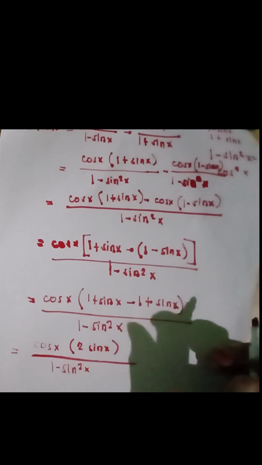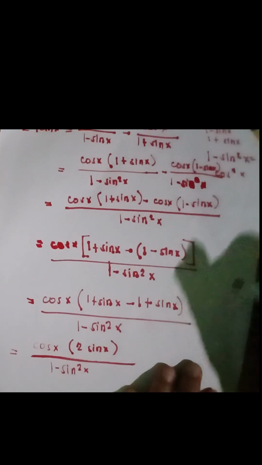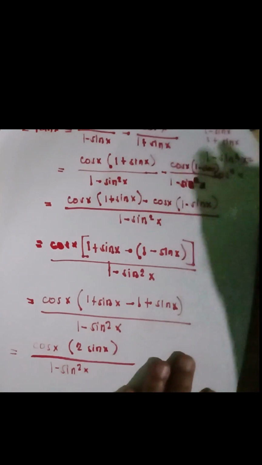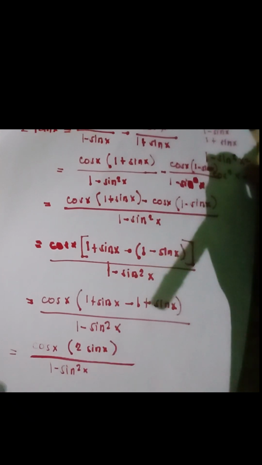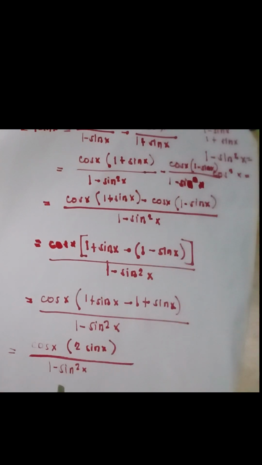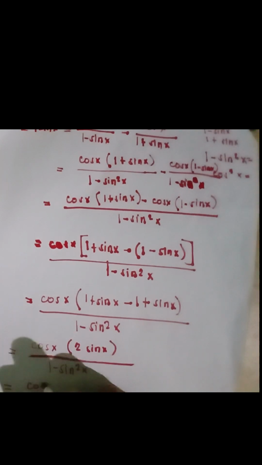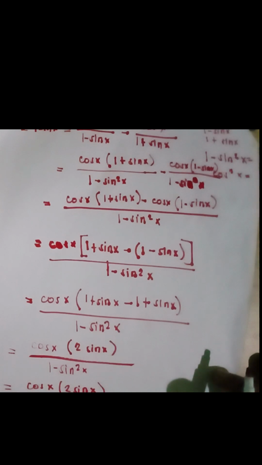Now let's use the Pythagorean identity, which is cosine squared x equals 1 minus sine squared x. So the expression is going to be cosine x times 2 sine x over cosine squared x, because we used the Pythagorean identity.